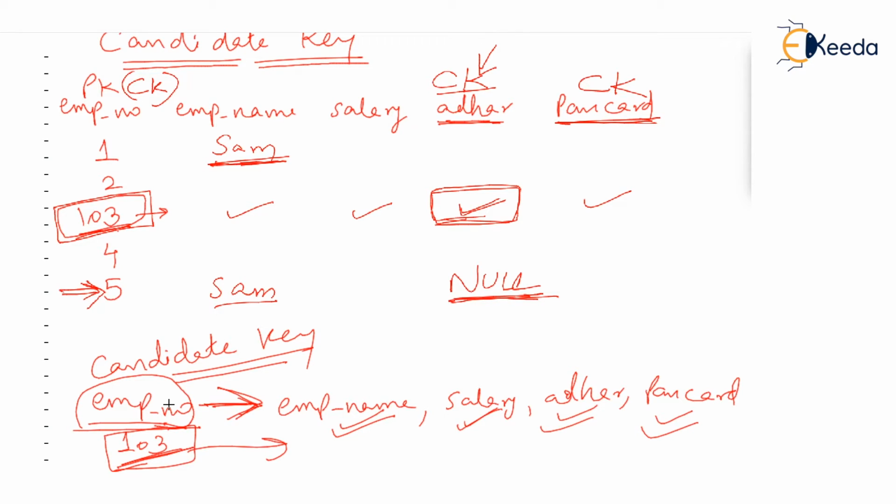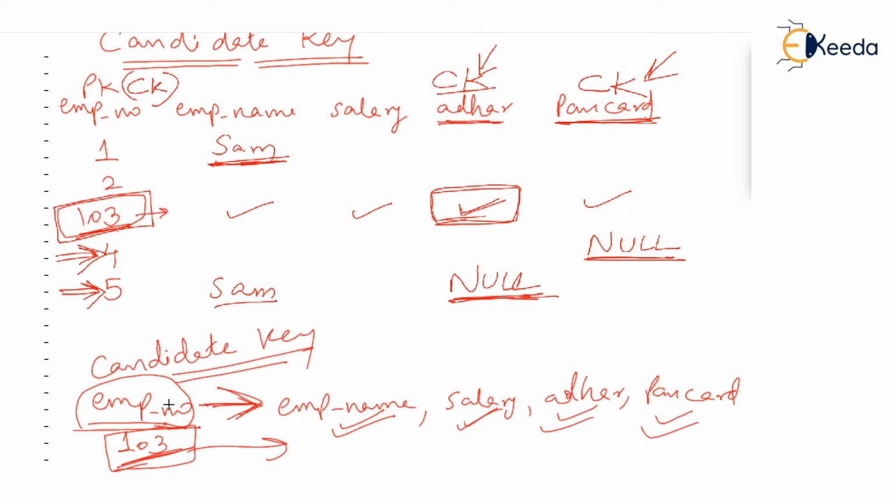Just imagine this employee number 4 to which I am pointing does not have PAN card number. Very unlikely. Employees must have PAN card number, I understand. But once in 1000, this person does not have PAN card number. Then this PAN card cannot be a primary key because primary key should be unique and should not be null. What that means is 3 people were contesting the election.